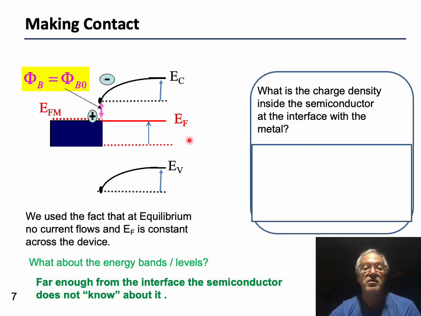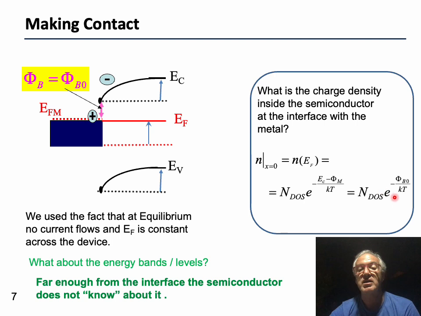And of course, one of the basic things we'd be interested in is what is the charge density that this contact has induced inside the semiconductor. To do that, we need to identify the fact that what the contact did is dictate the Fermi level close to the interface, and it is phi b below the conduction band.